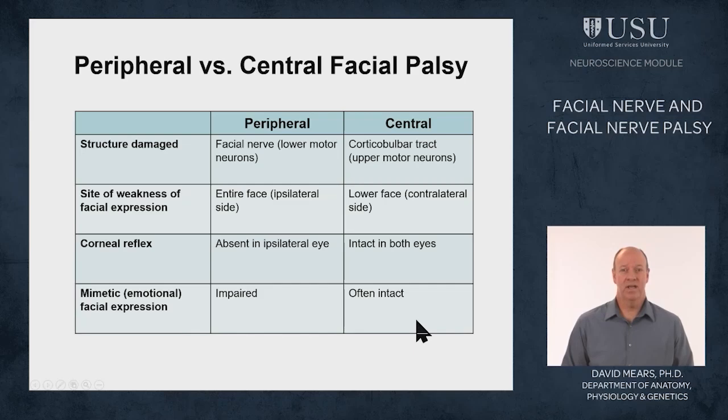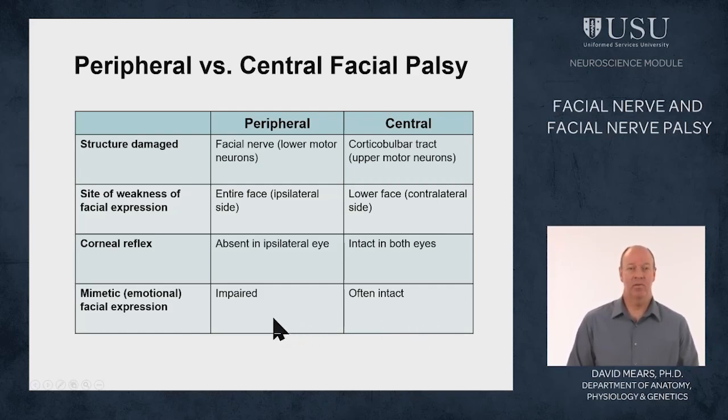In the case of central facial palsy, because there's still a connection from the brain to the facial muscles, you can often still see emotional facial responses. And that's because the pathway that controls facial expression for emotion is independent of the corticobulbar pathway. So if you ask the patient to voluntarily smile, the smile will be asymmetric. But if you tell a funny joke and make them laugh, you'll actually see facial expressions on both sides.